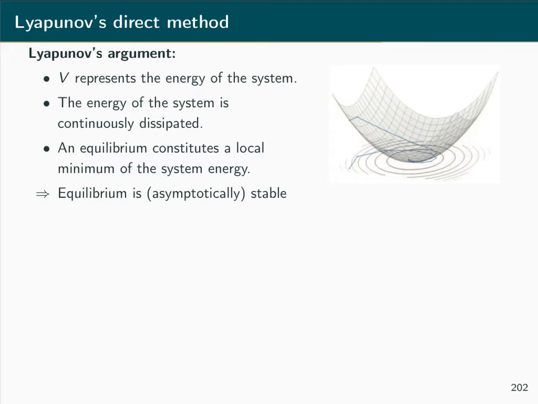This idea is illustrated in the figure on the right-hand side, where we assume that this two-dimensional function represents the energy of the system. The energy has a local minimum in the equilibrium point down here, and in blue we see the state trajectory. Since we know that the energy of the state has to go down in every time step, we eventually have to converge to the point of minimum energy.